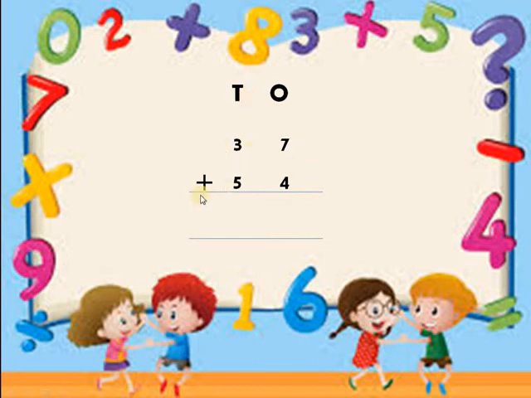Next, 37 plus 54. Arrange the numbers in perfect place value. Ones number under ones, tens number under tens, and then always start from, wow, correct, ones number. 7 plus 4 is 11.